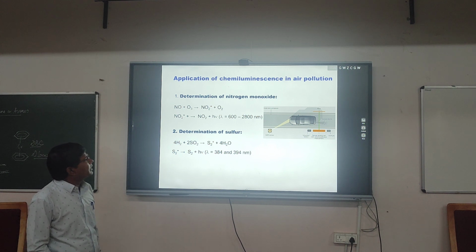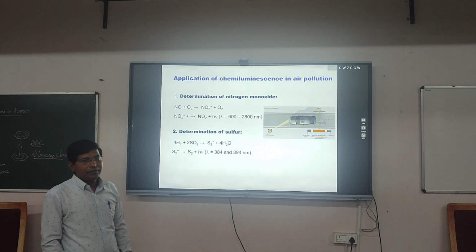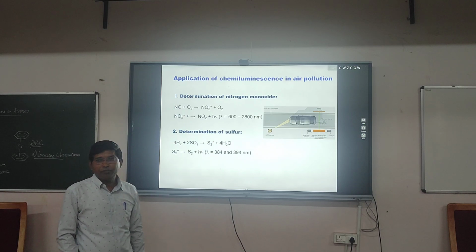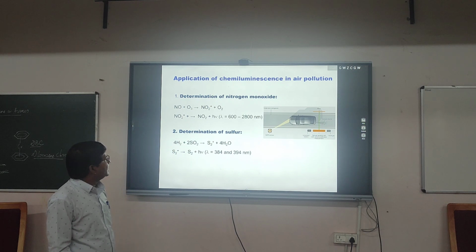Another best application of chemiluminescence: now it is mandatory to have a pollution certificate in a vehicle or car.